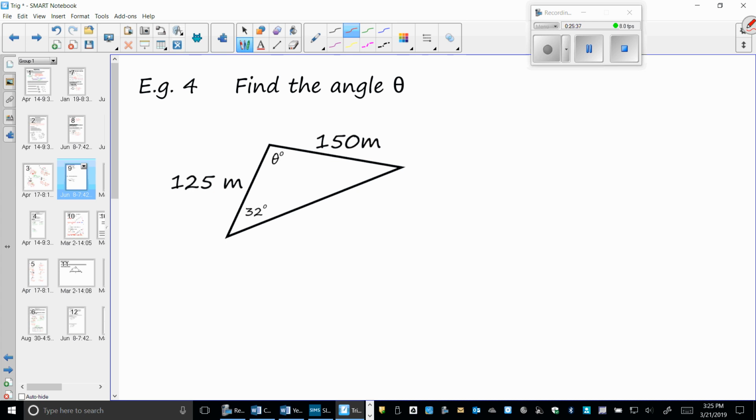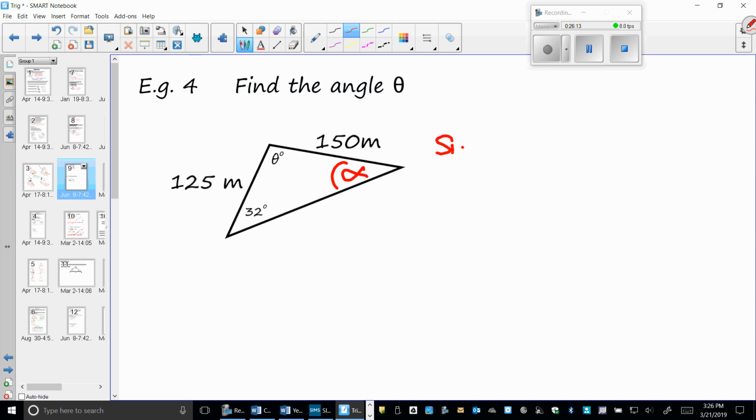Next one. What's our issue for this one? Good, we don't have a length opposite this angle, but we do have this length here. So what we can actually do is find this missing angle using the sine rule, and then subtract from 180 to find this one. So it's kind of the other way around. Don't panic and think that you need to use the cosine rule to find this length. You can just work out this angle and then subtract from 180.